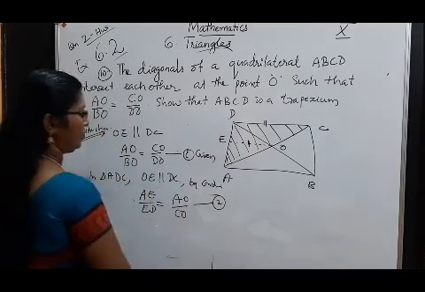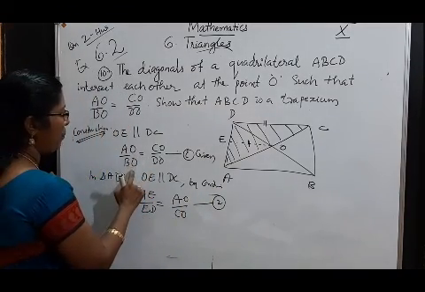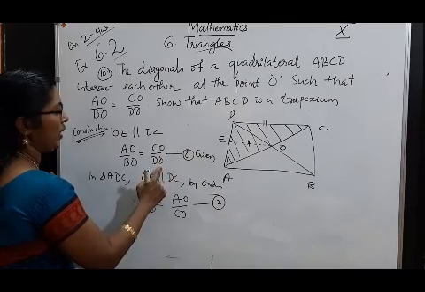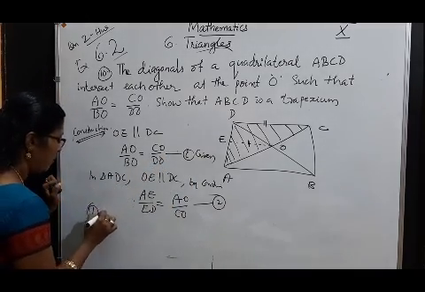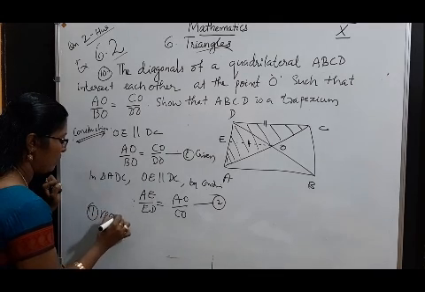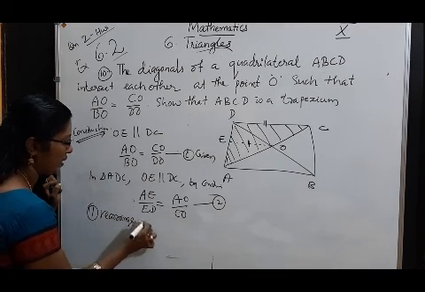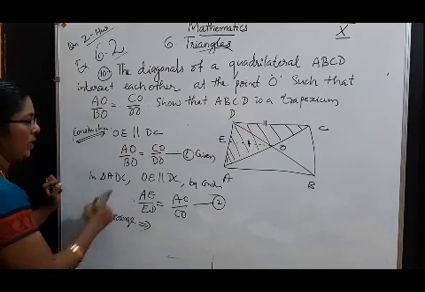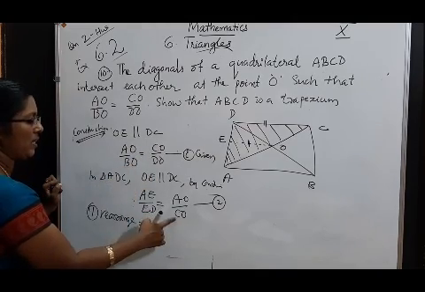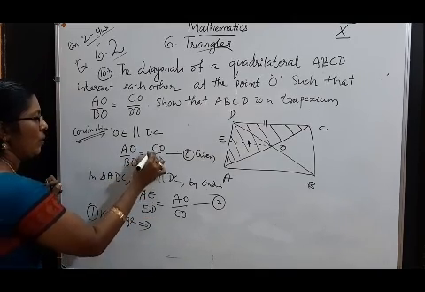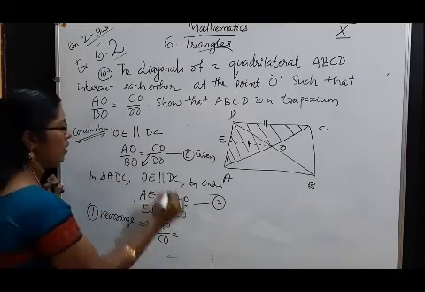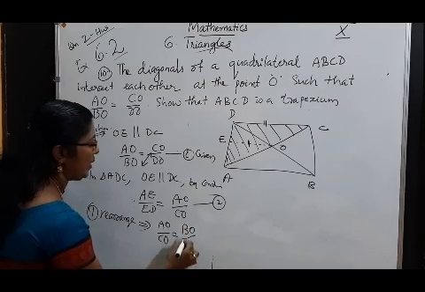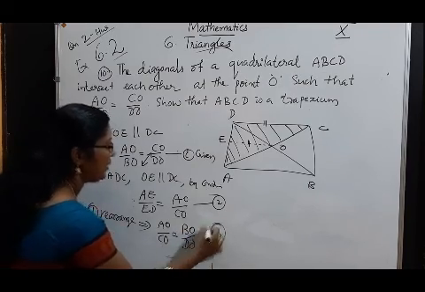From 1, AO by BO equals CO by DO, that is given. By rearranging 1, AO by CO equal BO by DO, equation number 3.